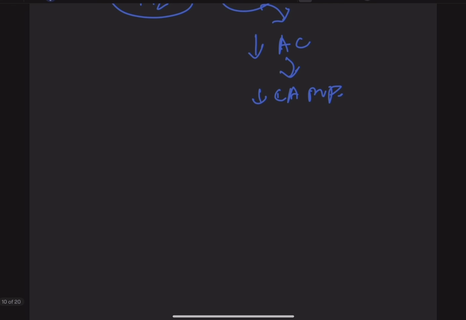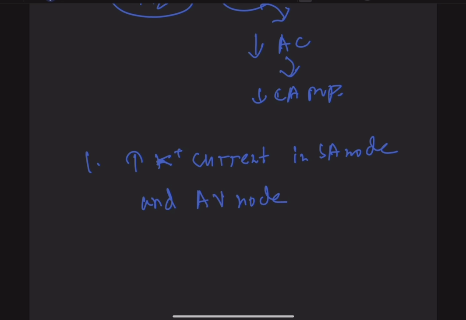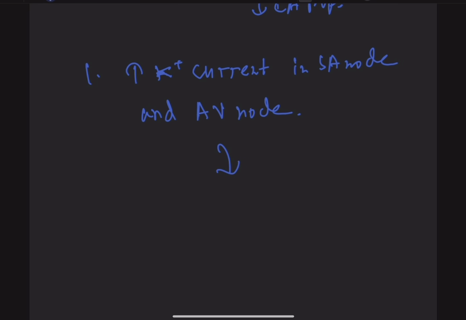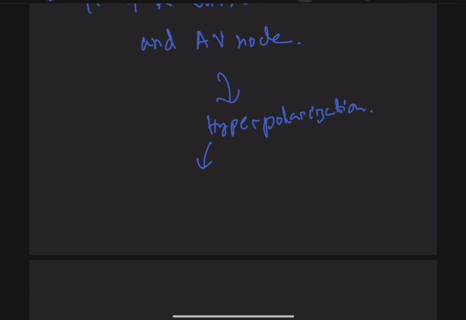So what it does is, by decreasing the cyclic AMP, it increases the potassium current in the SA node and AV node. By increasing the potassium current in the SA node and AV node, it causes hyperpolarization of the SA node and AV node, and this leads to a decrease in the heart rate and it slows the AV conduction.